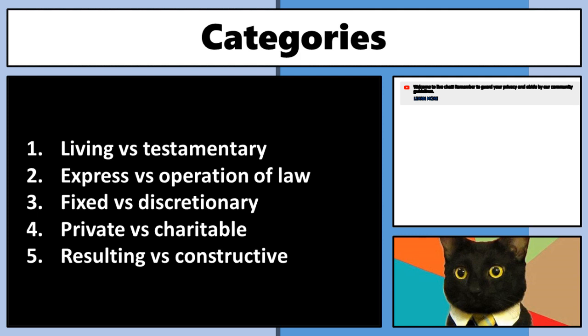And in a fixed trust, the intention of the settlor was to map that out. Say, I have 5 children. They are all going to get this much, or this percentage. In a fixed trust, that can be mapped out in the instrument that creates the trust, in the deed, usually.